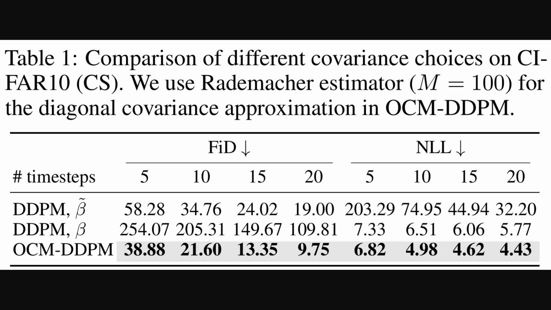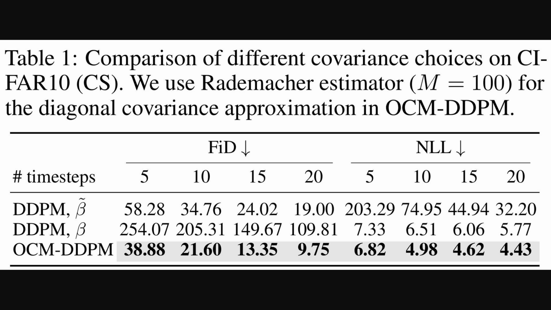Okay, so this first table, Table 1, compares different covariance choices on the CIFAR10 image dataset. It uses two main scores, Fréchet Inception Distance, or FID, for image quality, and negative log likelihood, or NLL, for how well the model fits the data. Lower is better for both.